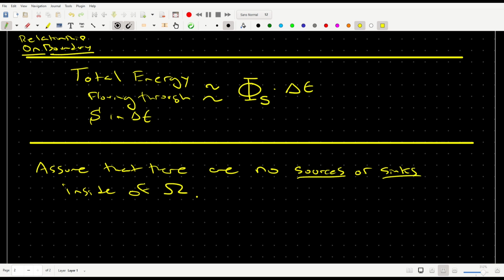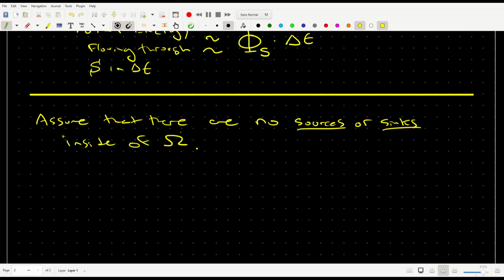These things can be dealt with, and they do give more interesting, more realistic models. But for now, we're just going to stick with the simplest possible case, which is no production or usage of energy inside of the region omega, just to simplify things.